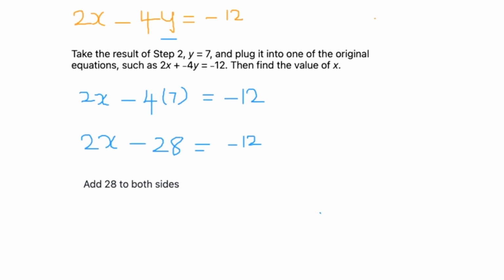So 2x, because it is given that it is minus 28, for solving minus 28, we have to add plus 28 here. So we are adding 28 on both sides.